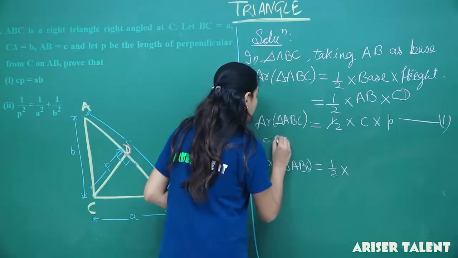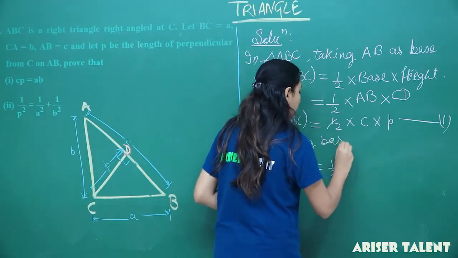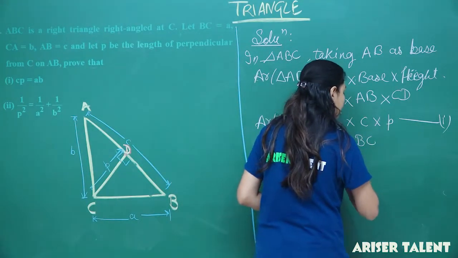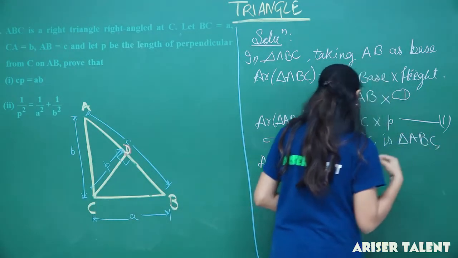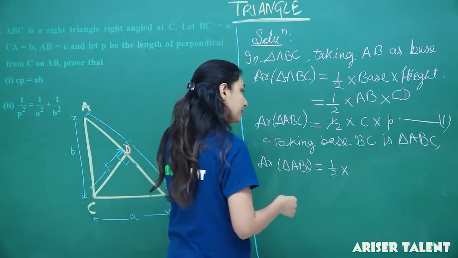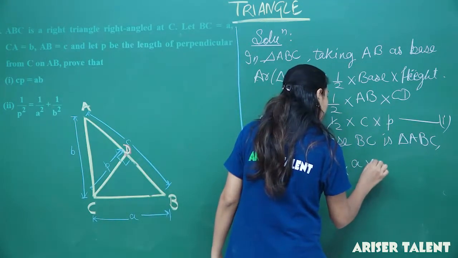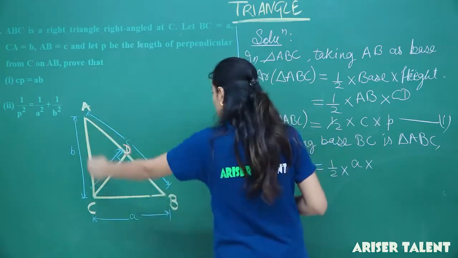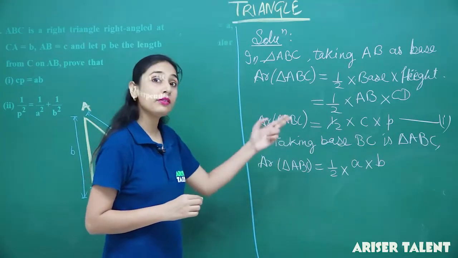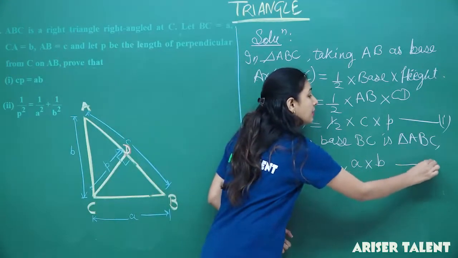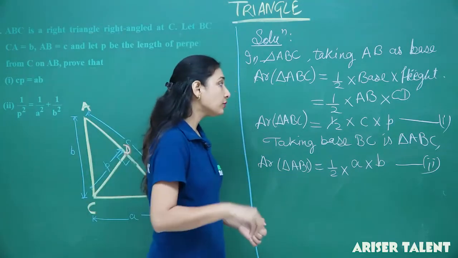So, taking base BC in triangle ABC, we'll have base equals A and height equals B. Okay, students. Now, this is equation second.